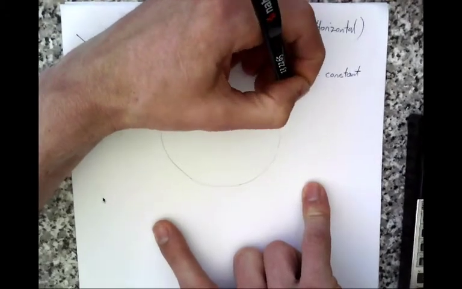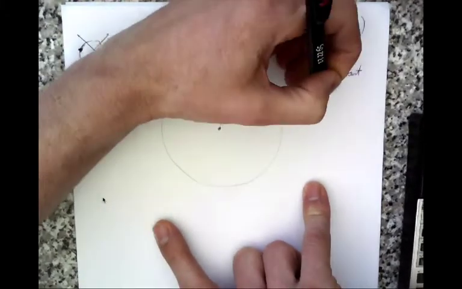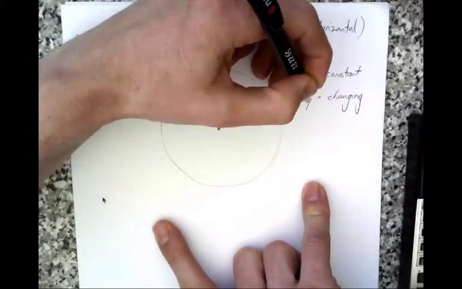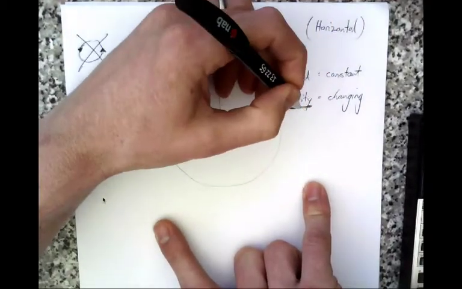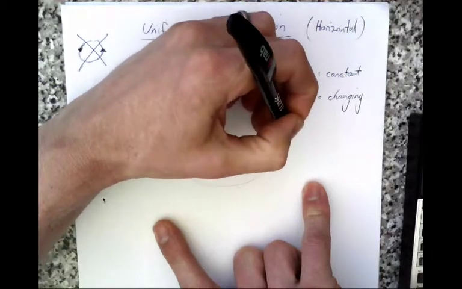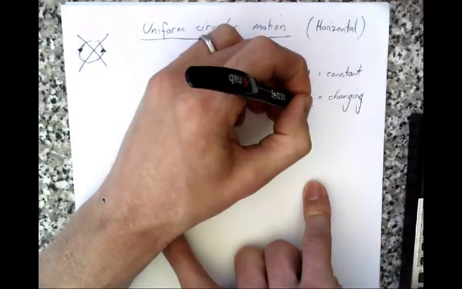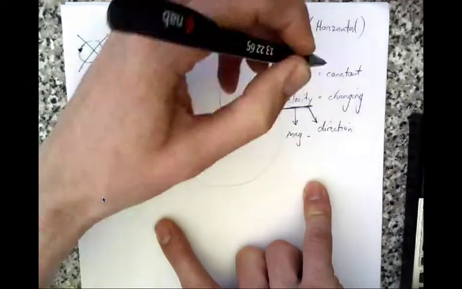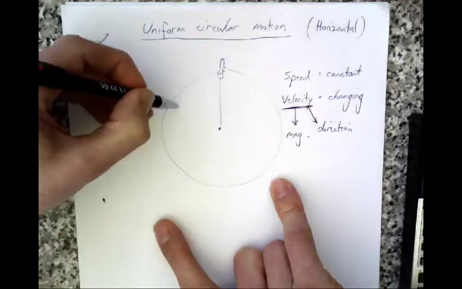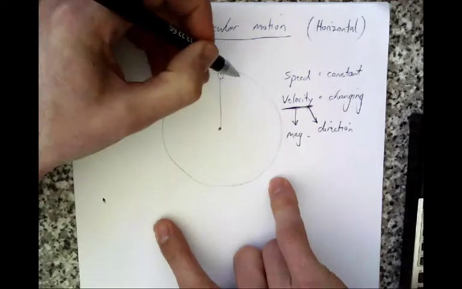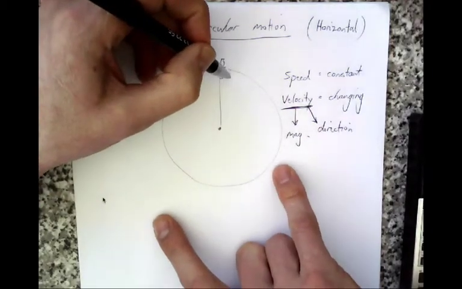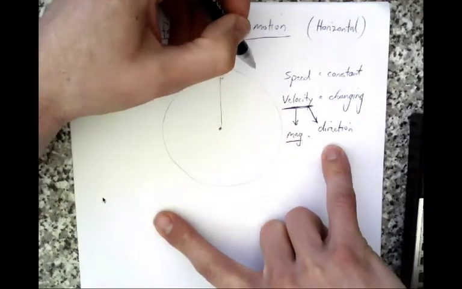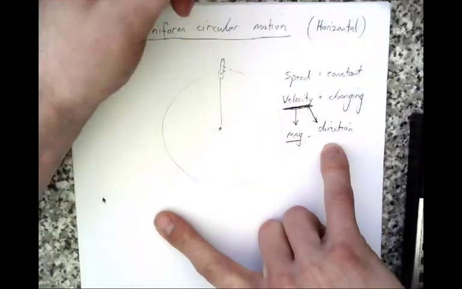However, its velocity will be constantly changing, because velocity is a vector quantity, so it has magnitude as well as direction. Whilst the magnitude, the number of its speed, so it might be 1 meter per second or 3 meters per second, stays the same, the direction is constantly changing, therefore the velocity of my key is constantly changing.